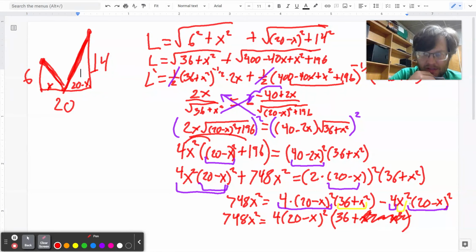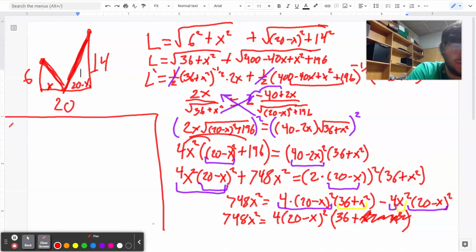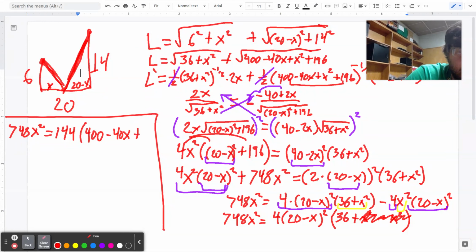Okay, I think there's no way around it now. I need to multiply some stuff out. So on the left side, I have 748x squared. And on the right side, I have 4 times 36, so I have 144. And I have to expand out 20 minus x squared. So I get 20 times 20, 400, minus 40x plus x squared, just like before.